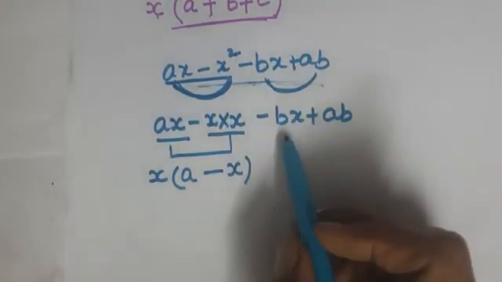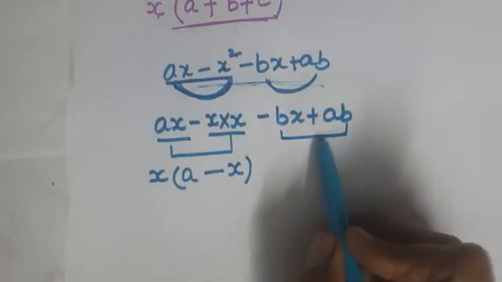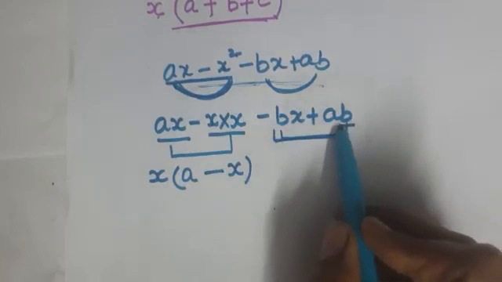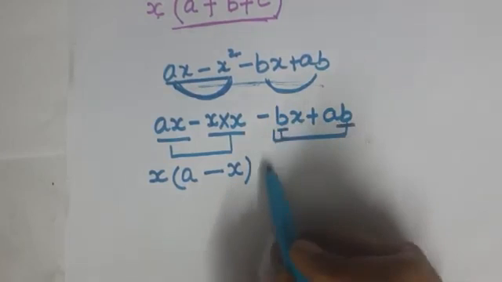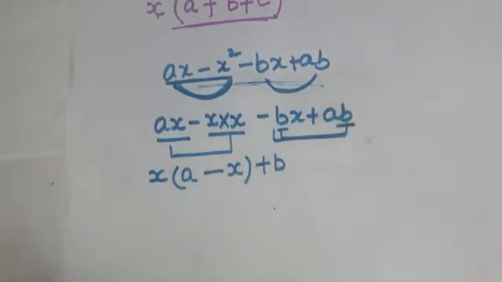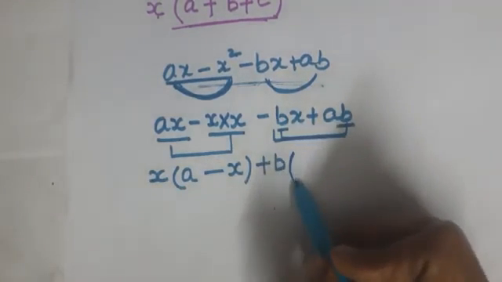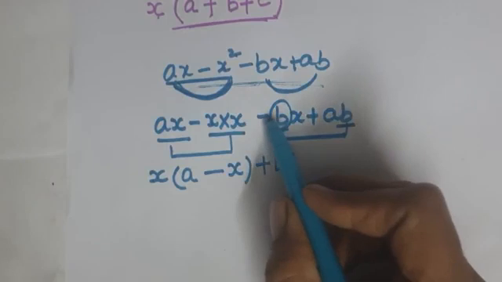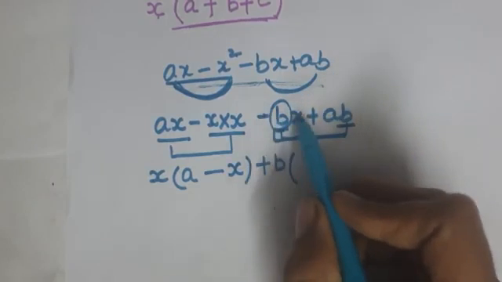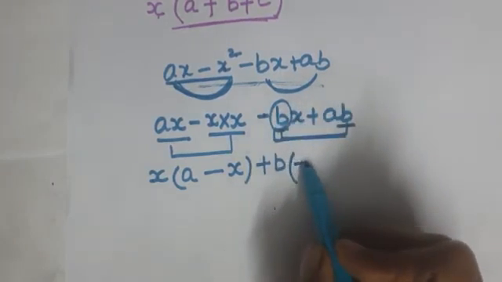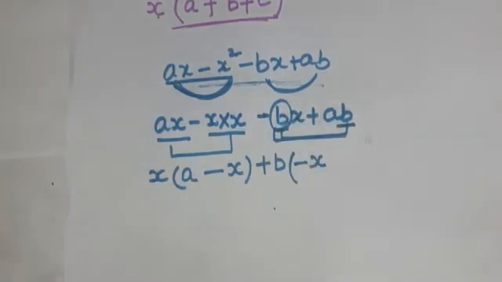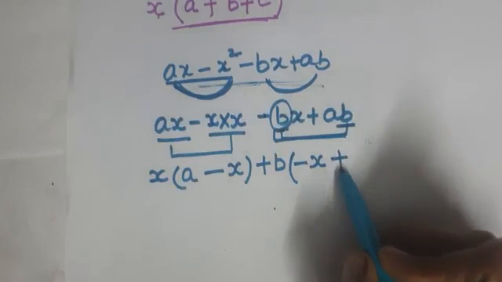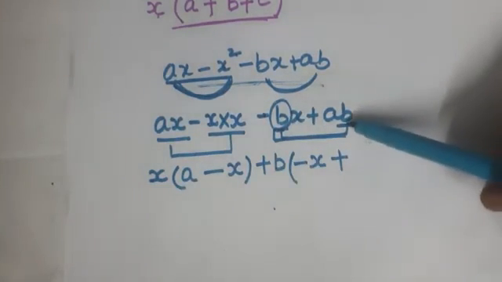Now, in this pair, what is common? Yes, b is common. So, plus b is common here. So, b I have taken common. So, what is left? Minus x. Plus, now b is common.